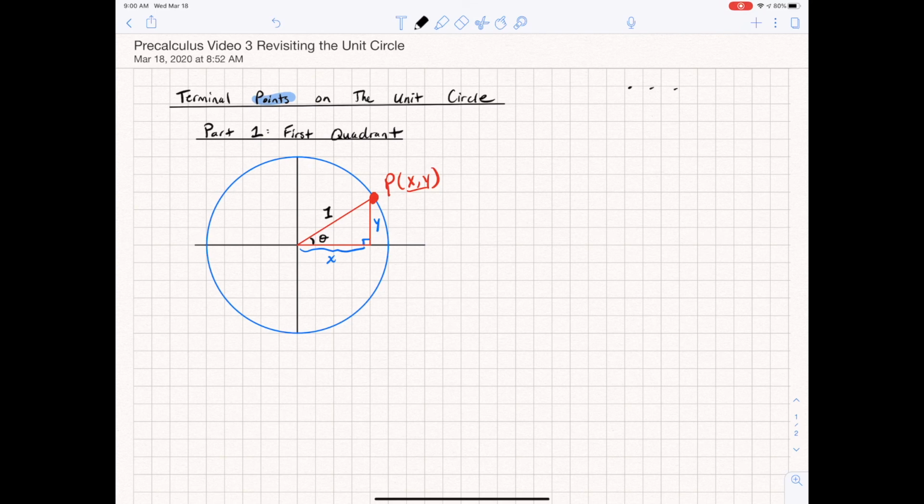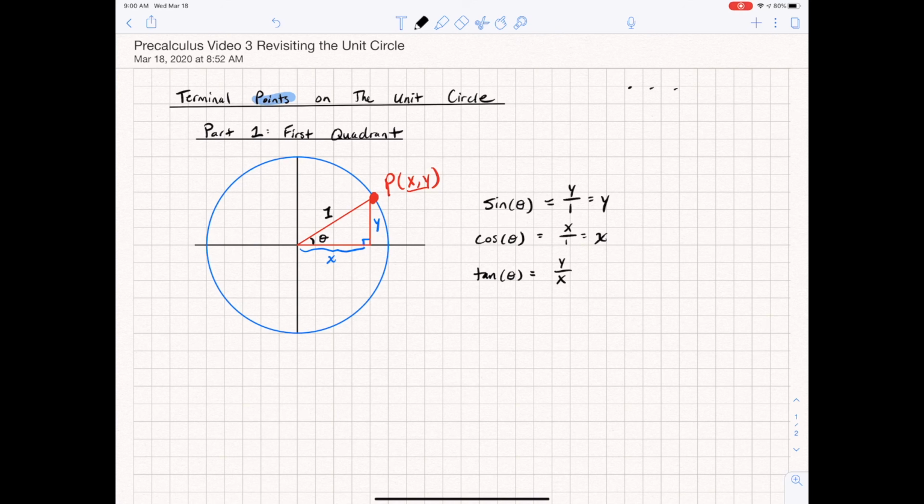For example, sine theta would be y over 1, or just y. Cosine of theta would be x over 1, or just x. Tangent theta would be y over x. So we have this established relationship in terms of my coordinates.